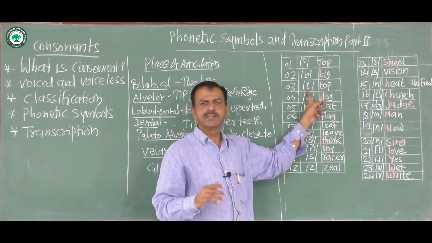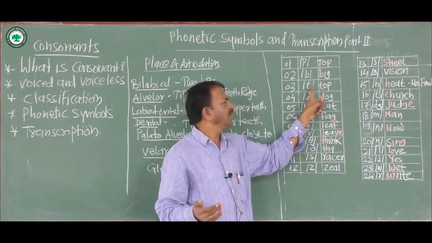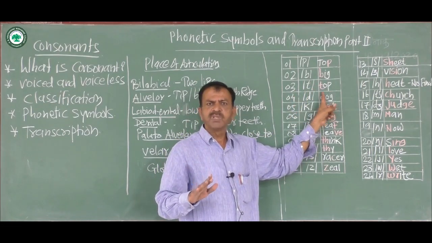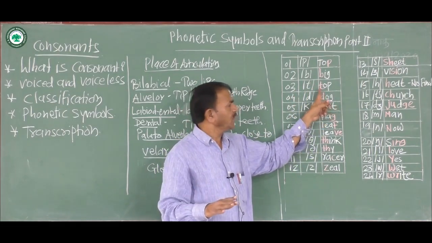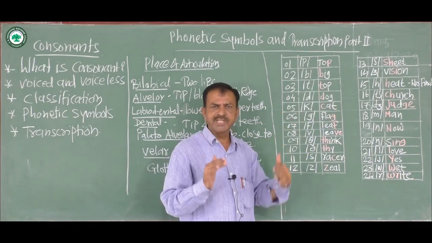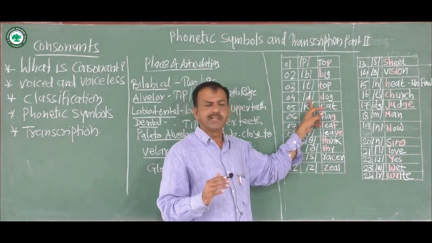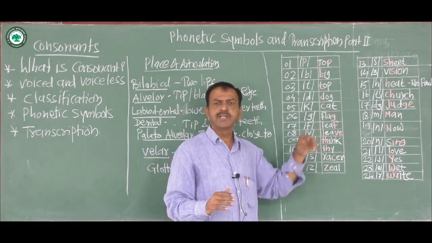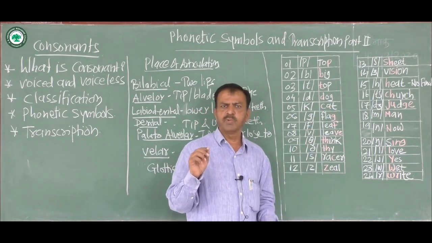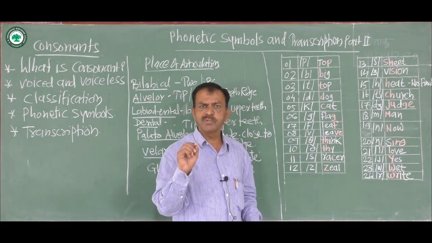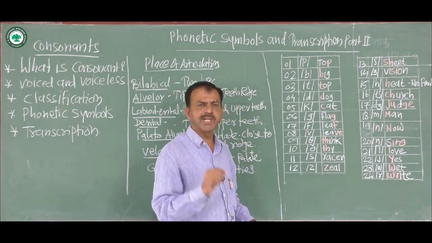Then the third one is the T sound, T in top, which comes at the initial position. The next symbol is D, D as in dog. In our word dog, the D sound takes the initial position.